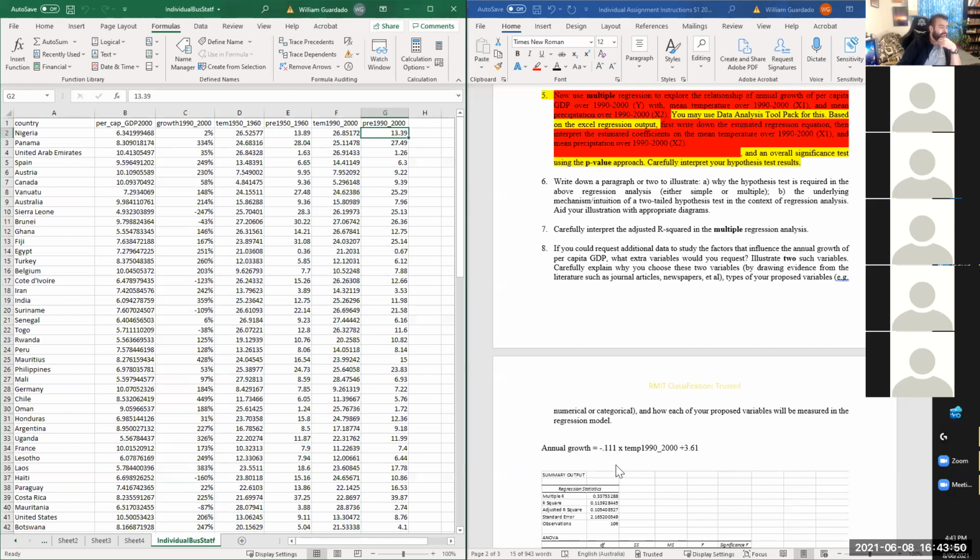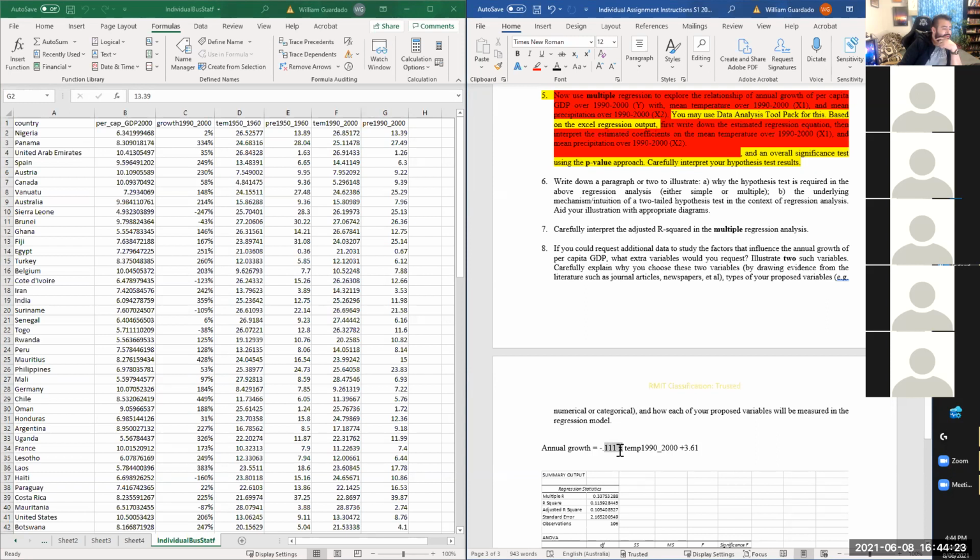You wouldn't say it goes down by negative because it doesn't make sense. Or you could just say it decreases by that number. Maybe you can give an example, but I don't think you can for this one. So you could say it lowers your annual growth GDP by that amount.